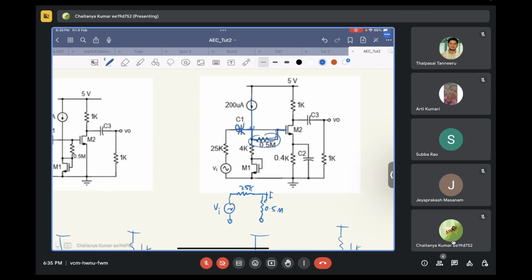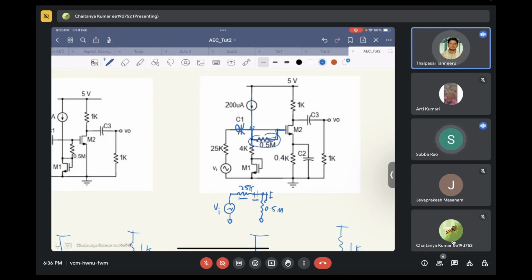This resistance is put in place so that if there was, let's say, only 25k over here, the capacitance value would change. I hope you have encountered calculating the value of these capacitances for the corner frequency to be at a certain level, correct?